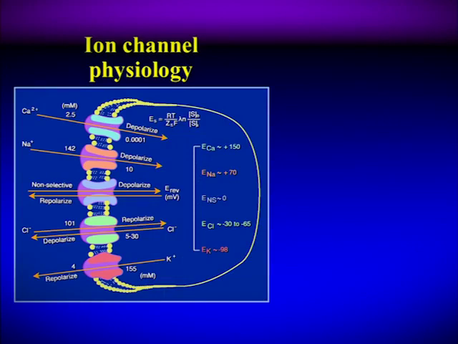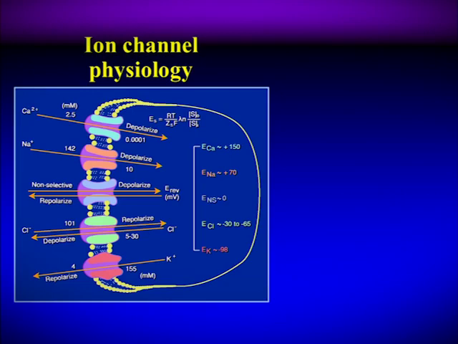So to review, when a calcium channel opens, there will, in physiologic terms, always be the influx of calcium from out to in, and that movement of calcium will cause a depolarizing effect trying to move the membrane potential. If left unopposed, it would go to plus 150. Sodium channel, same thing.